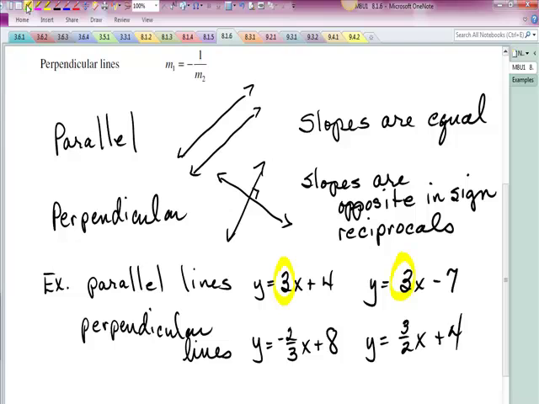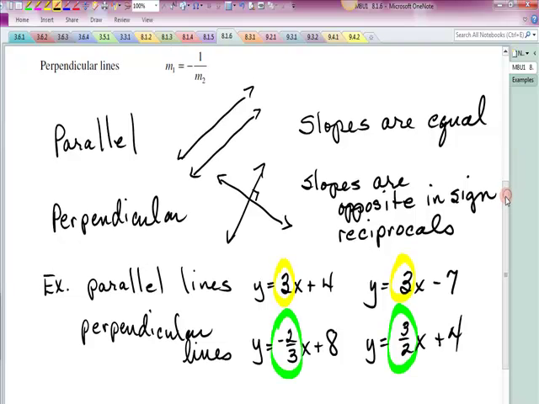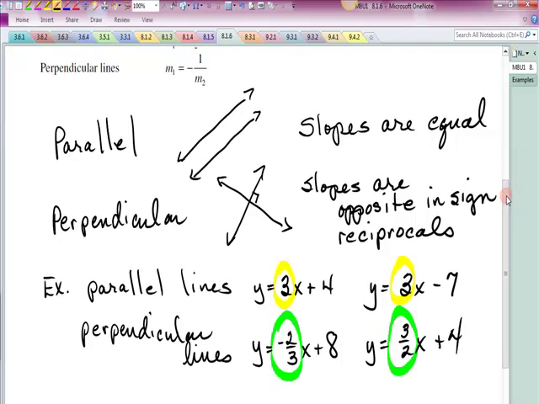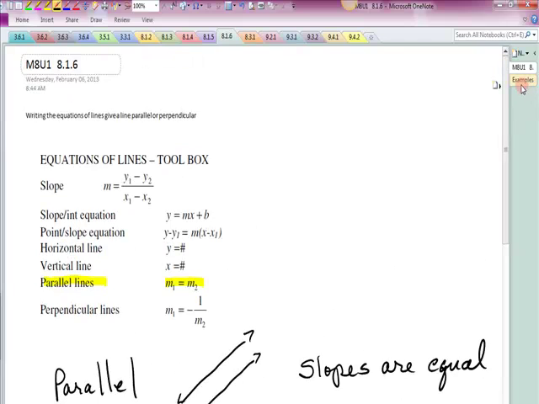Those two lines would be perpendicular because the slopes are opposite in sign and the reciprocals of each other. That's the information we're going to need to use to write equations using parallel and perpendicular information. Because parallel and perpendicular lines can be identified because of their slopes, slope is going to be very important.